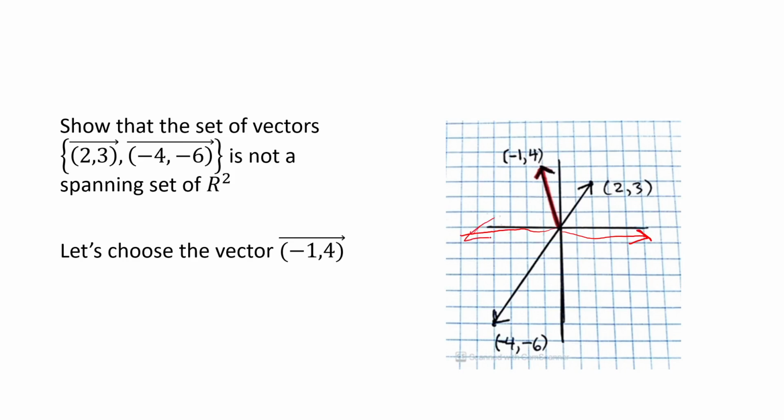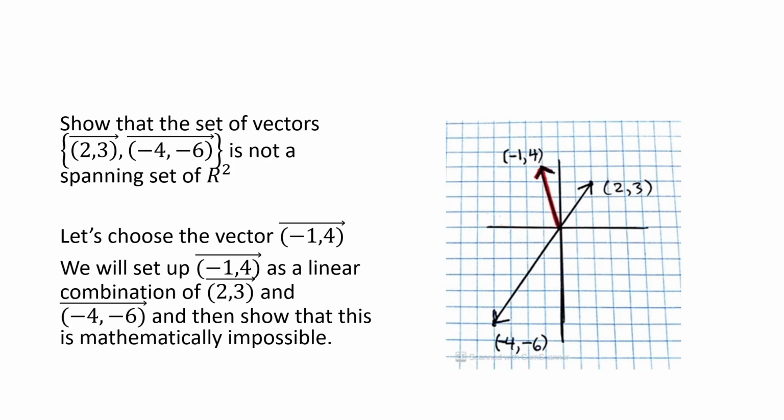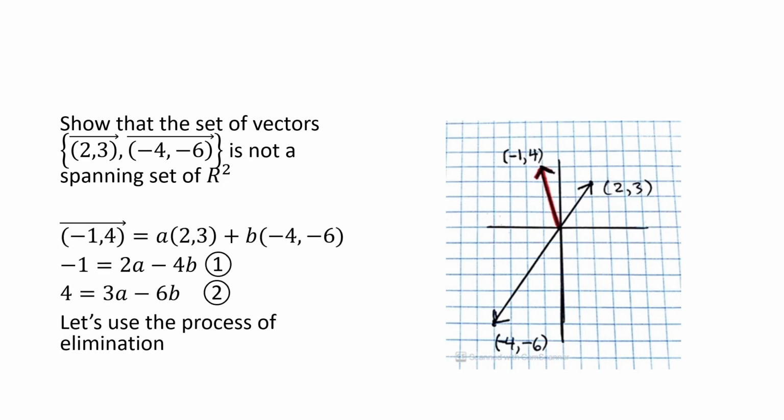It really doesn't matter. We could have chosen any vector that's not on that straight path. We chose (-1, 4) pretty randomly. Now we're going to set up (-1, 4) as a linear combination of (2, 3) and (-4, -6), and then show that it's mathematically impossible for that to happen.